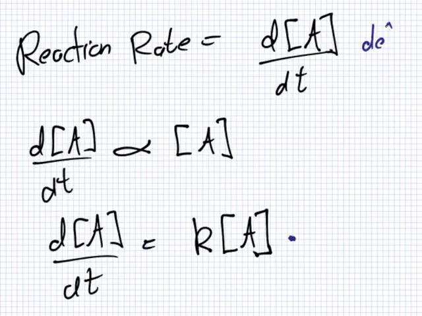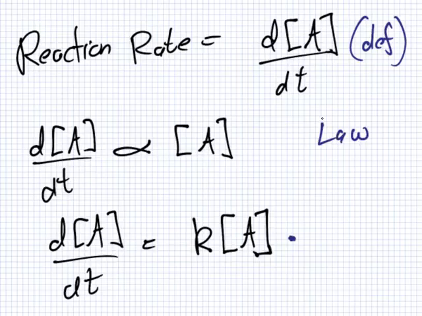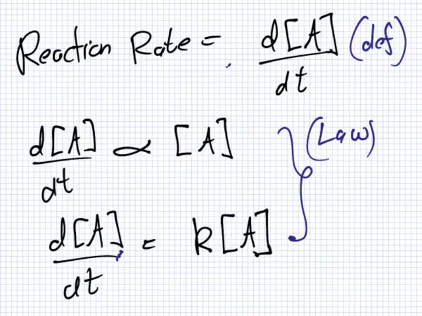This is the definition. This is called the reaction rate law. So this is actually a law, not a definition. Do you understand the difference? Yeah, we can use this to find reaction rate, but it's not the definition of reaction rate. This is the definition of reaction rate.